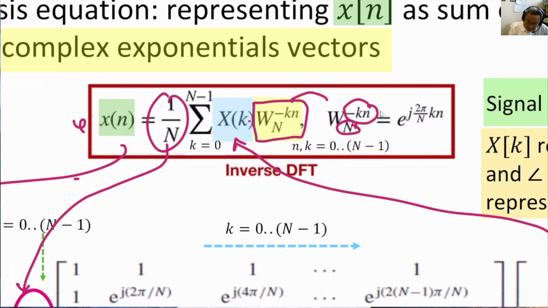There's a kn here. So where's the minus sign? The minus sign is introduced twice here, so it becomes plus. Okay, so later on you will see what we're talking about. So this represents a complex exponential of amplitude 1 with this frequency together. Okay?